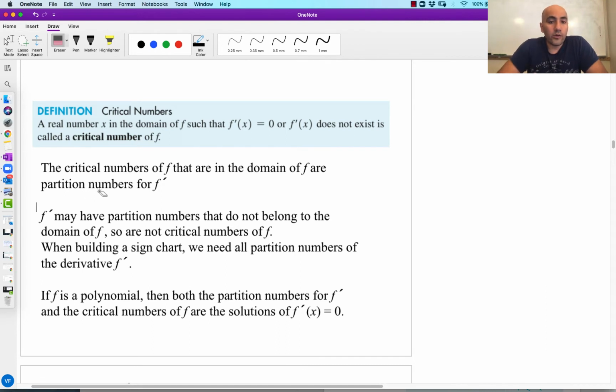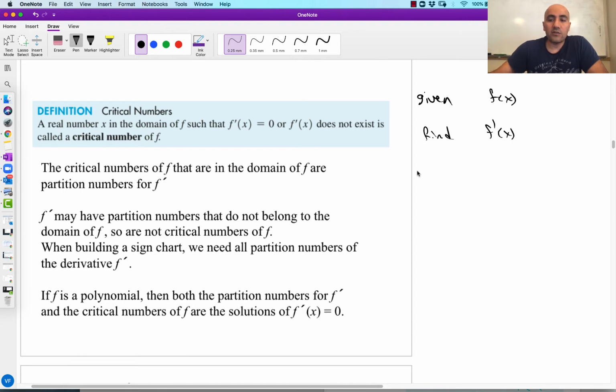When we are working with an equation, we're going to be given some function f of x, right? So we'll be given in our homework some function f of x. Then we find the derivative f prime of x.